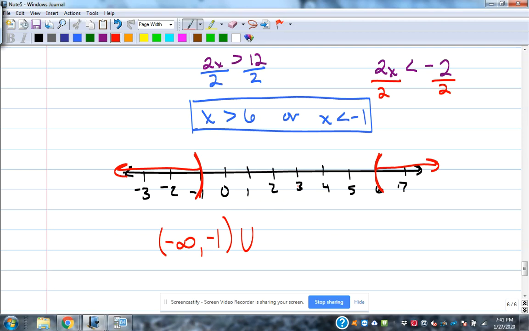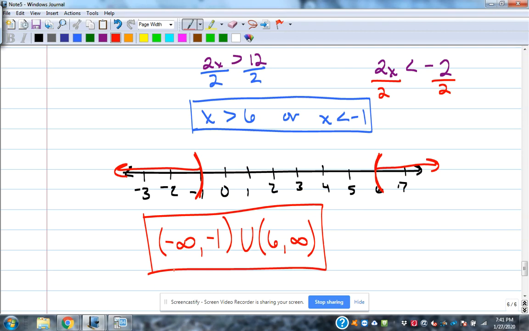Then what's the next number we start with? 6. And where's that arrow going toward the right? Up to positive infinity. So there's our interval notation for that. So we get inequality notation, number line, and interval, all three of those ways of writing the solutions. Okay.